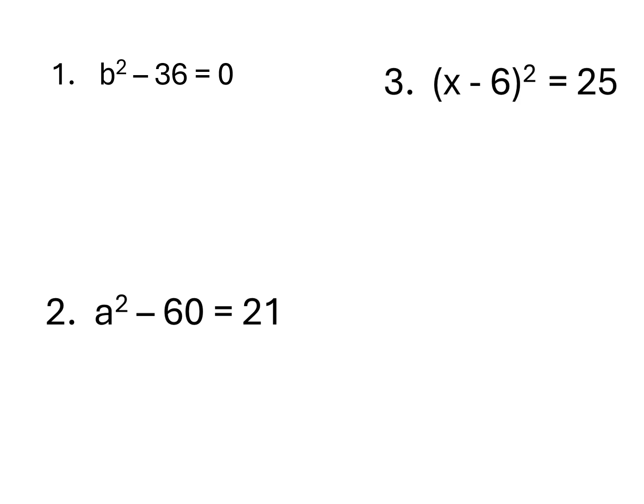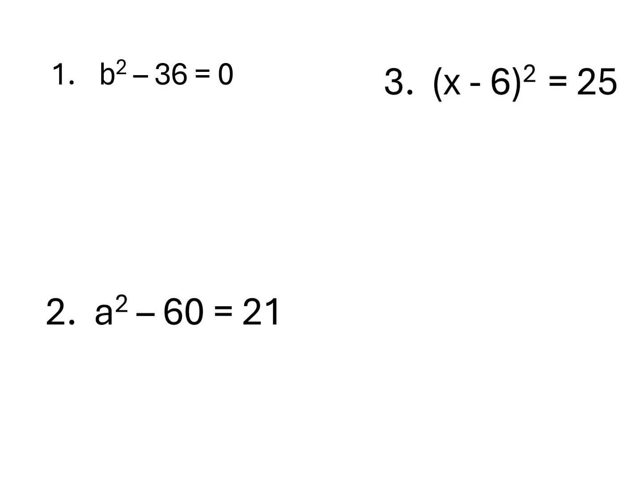I'll show you the solution for equations 1, 2, and 3. Let's start with equation number 1, b squared minus 36 equals 0. Using extracting square root, the constant must be placed on the right side of the equation. So we transfer negative 36 to the right side.